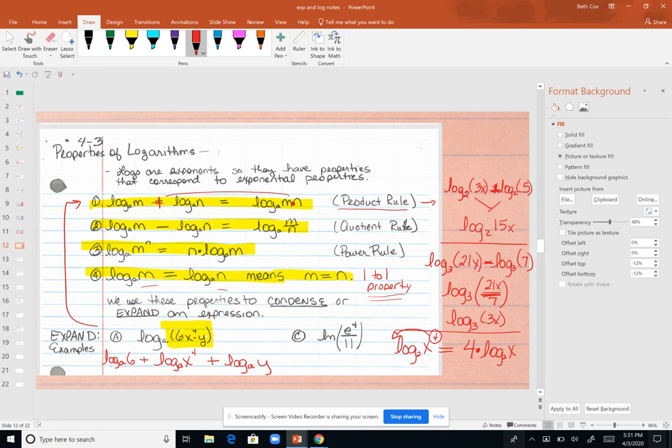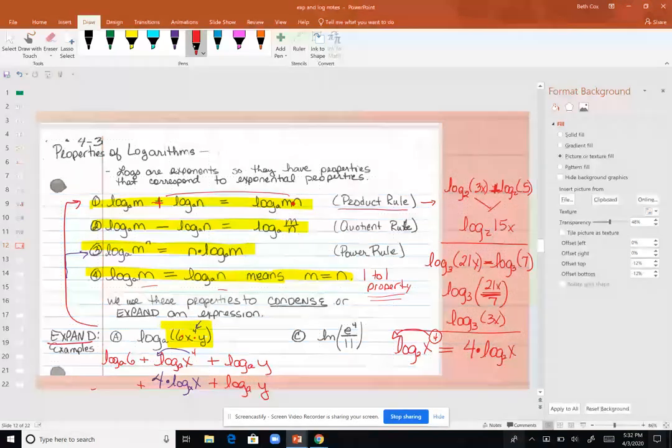And so I have expanded this, and I can take it one more step because of this rule right here. This rule deals with a power. So I can take that 4 and put it right there. And then copy down the rest of them, just like I had before.